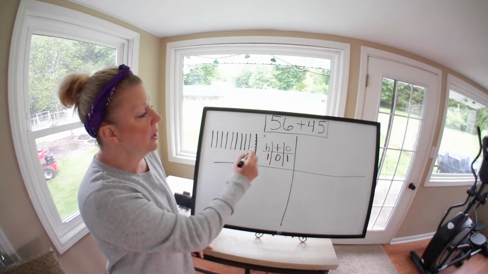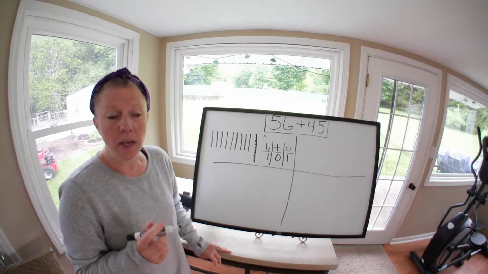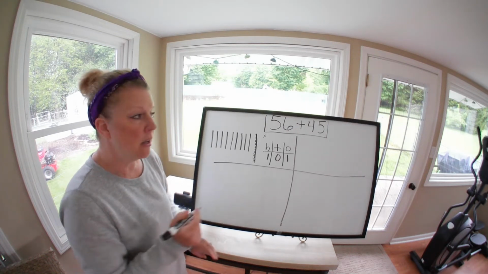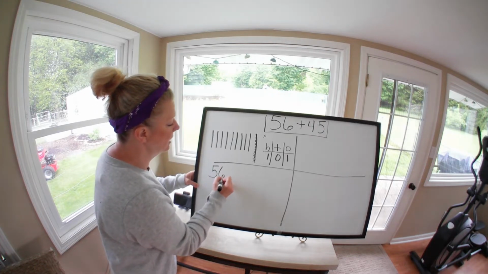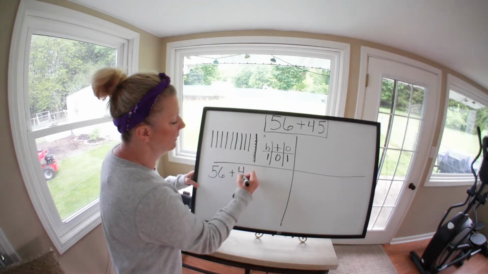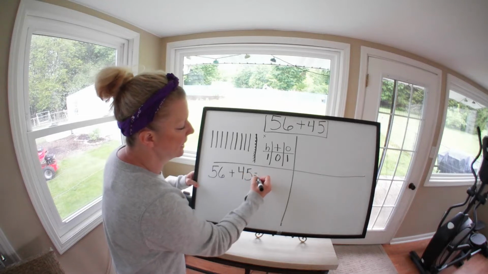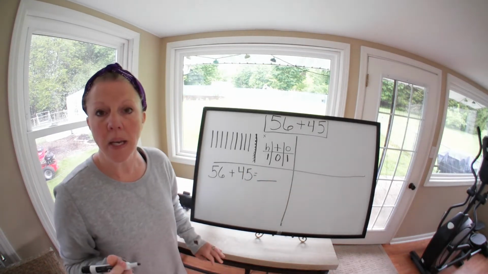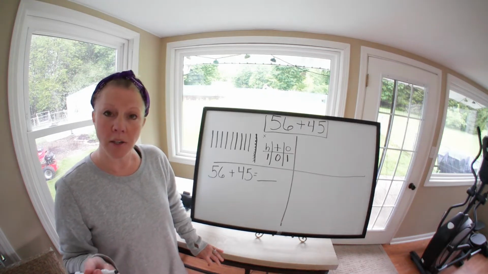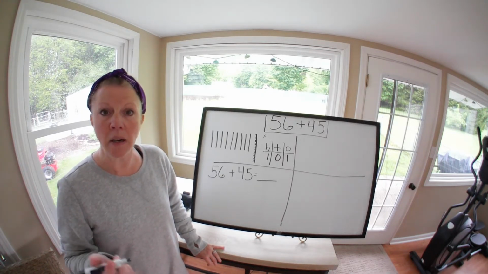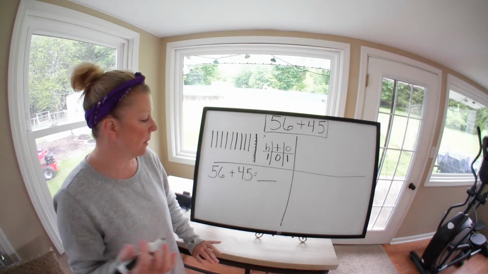So we have 101. Now, what I want to do is solve this a few different ways again. So we have 56 plus 45. So go ahead and rewrite it just like this. Now, what we're going to do is use our tens and ones way, okay?